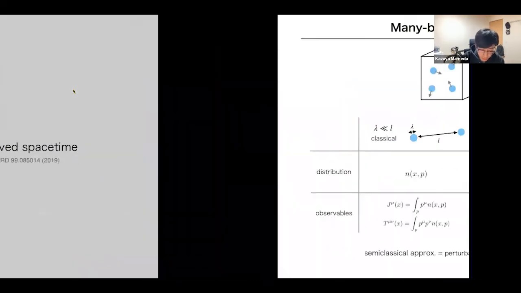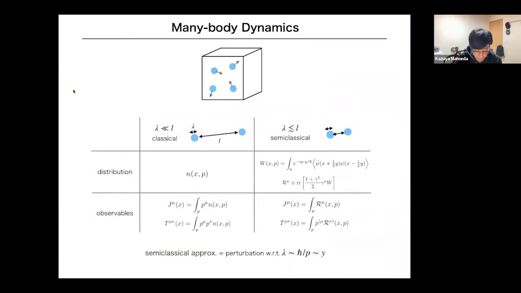So now we are going to talk about the kinetic theory derived from quantum field theory. First, I want to explain how to describe the kinetic theory from quantum field theory.